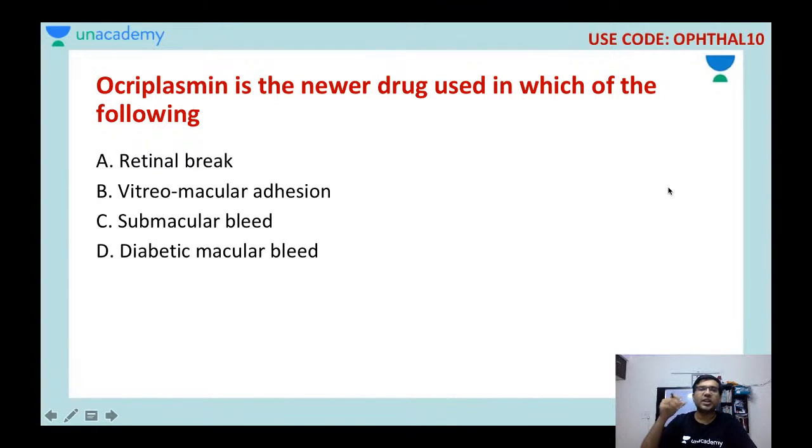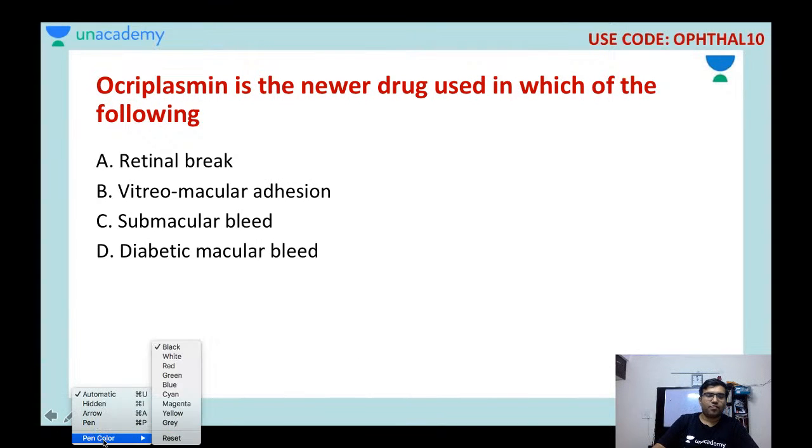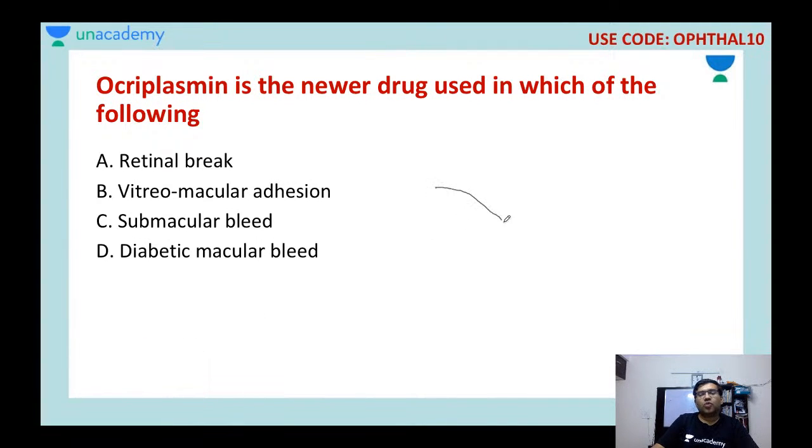Next question is, Ocriplasmin is the newer drug used in which of the following? Retinal break, vitreomacular adhesion, submacular bleed, diabetic macular bleed. Try to answer. So what happens sometimes is, this is your retina, and sometimes lots of fibrotic strands are attached to the superficial layers of the retina.